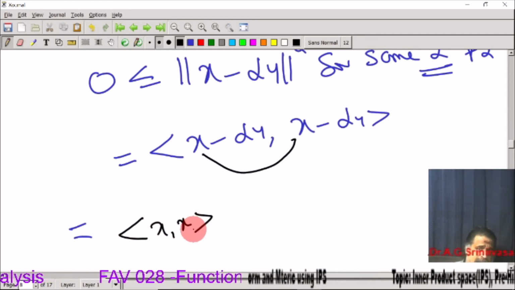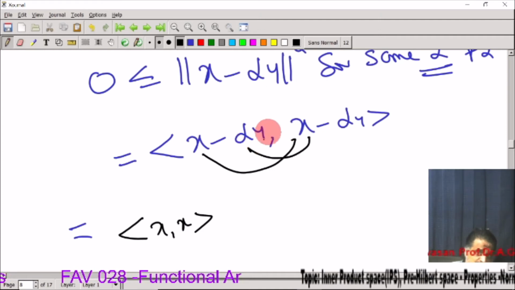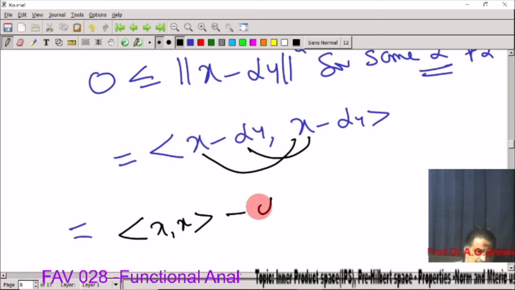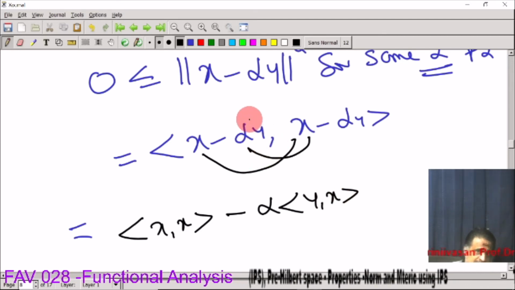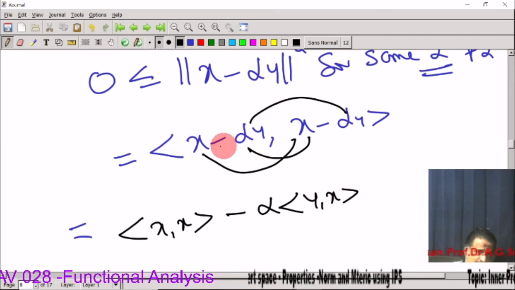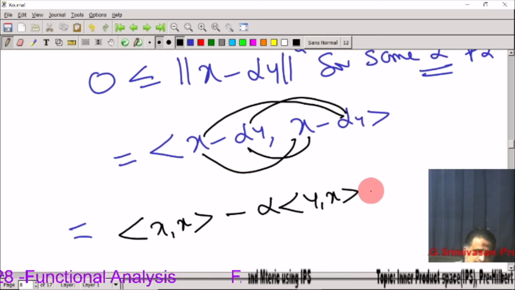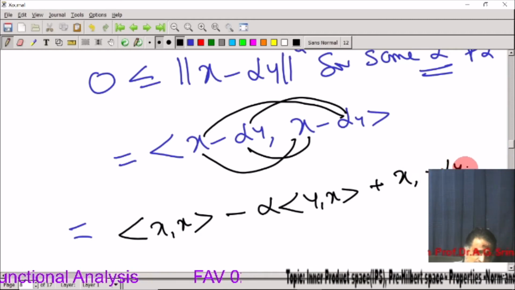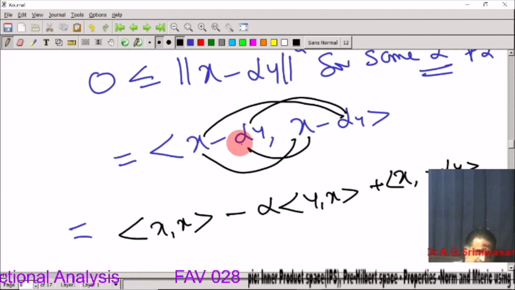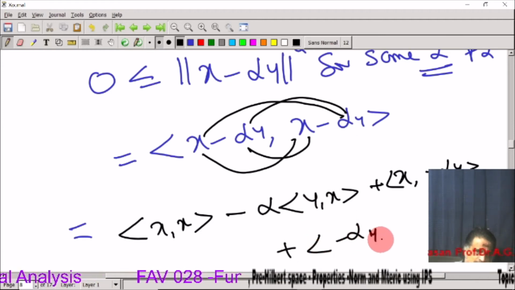Now second part is inner product alpha y comma x in the first component, so minus alpha inner product yx. Then I will take these two, which is x comma minus alpha y, so plus x comma minus alpha y as the inner product. And then these two, which is plus minus alpha y comma minus alpha y.